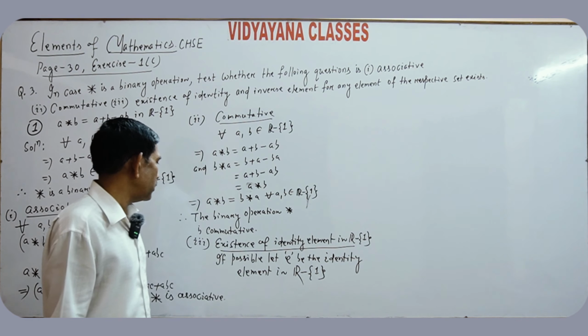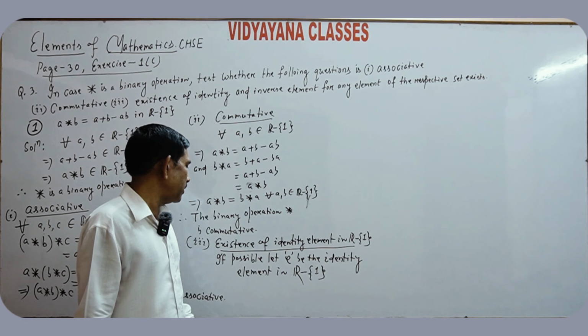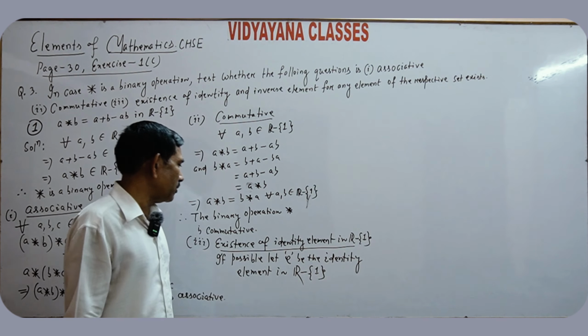All real numbers, if possible, let E be the identity element in R minus set of 1.